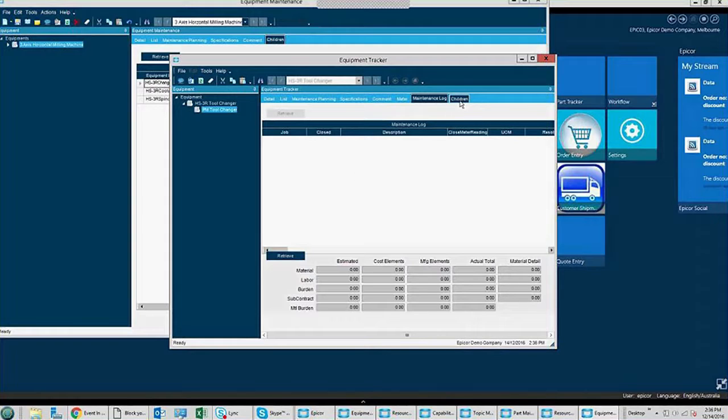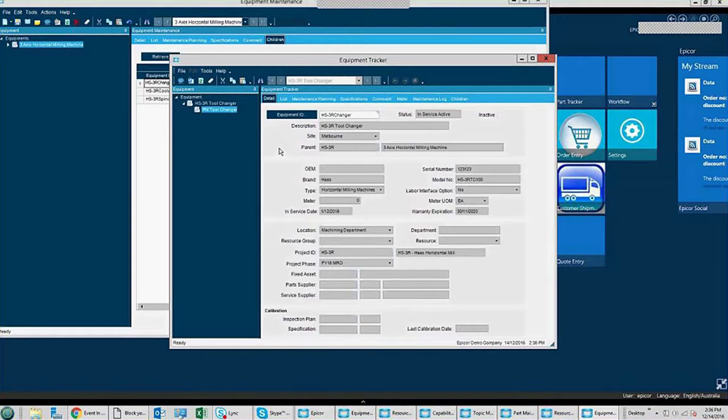In the Epicor environment, we maintain child-parent lineage, 10 plus, 11 plus. Your entire facility could be one great-great-great-great-great-great-great-grandparent. You don't need to have a limited number of layers to that particular element.